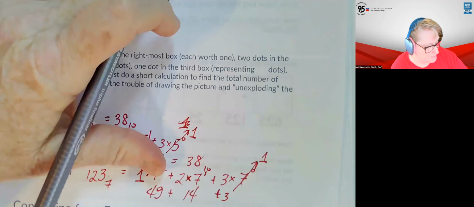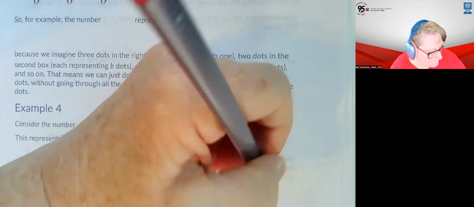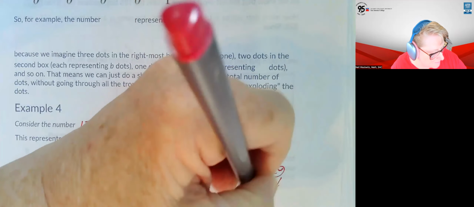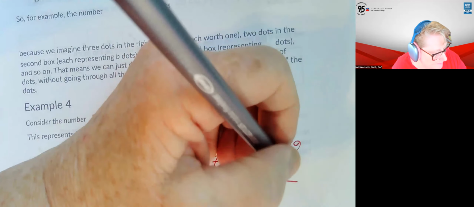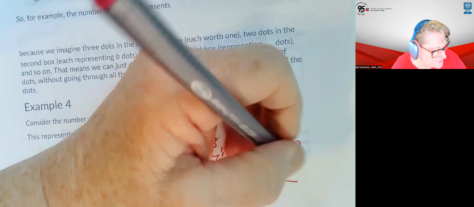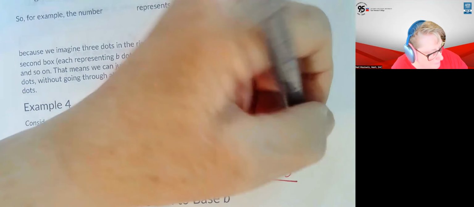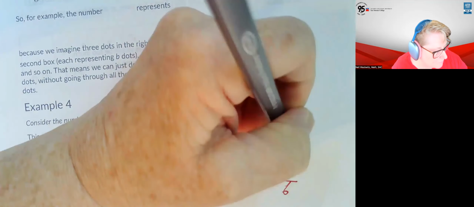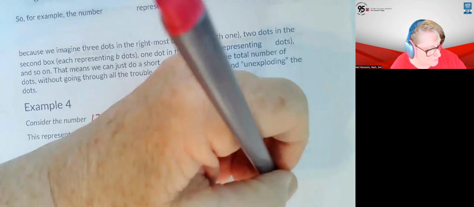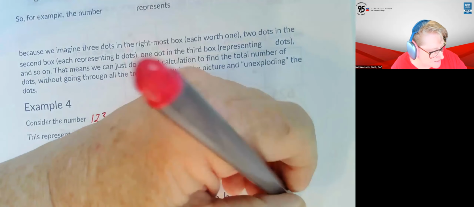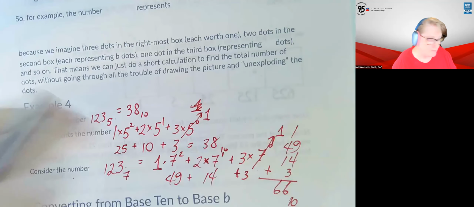And let's add this. 49, 14, and 3. 9 and 7, let's see, add these two, we get 7 plus 9 makes 16. 1 and 4 and 1 are 6. So we get 66 base 10.